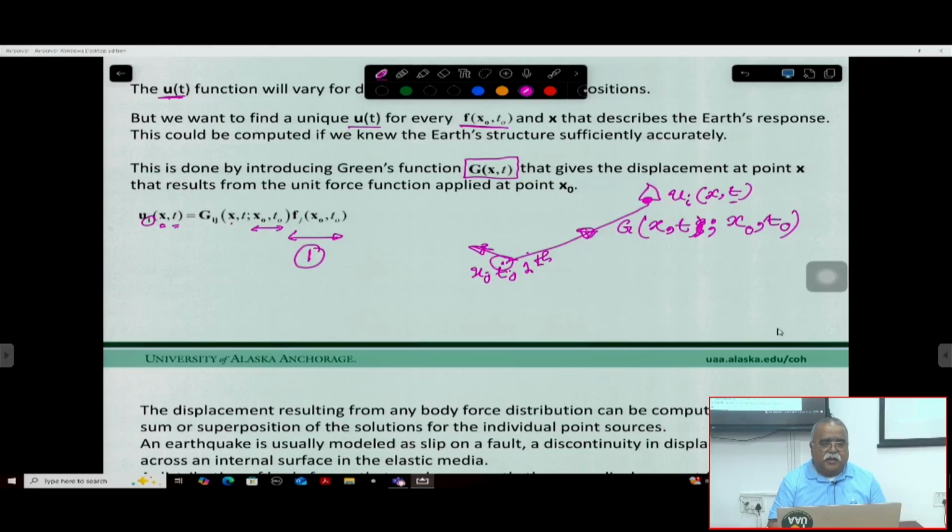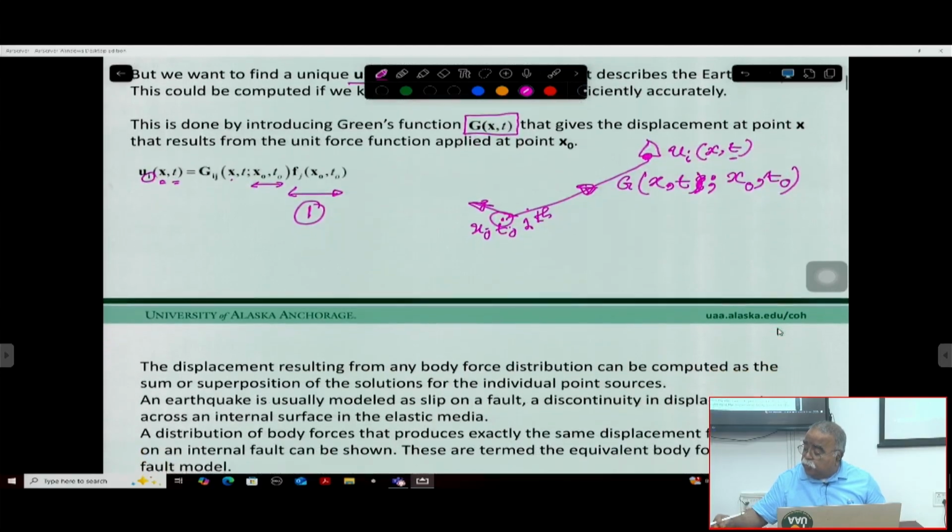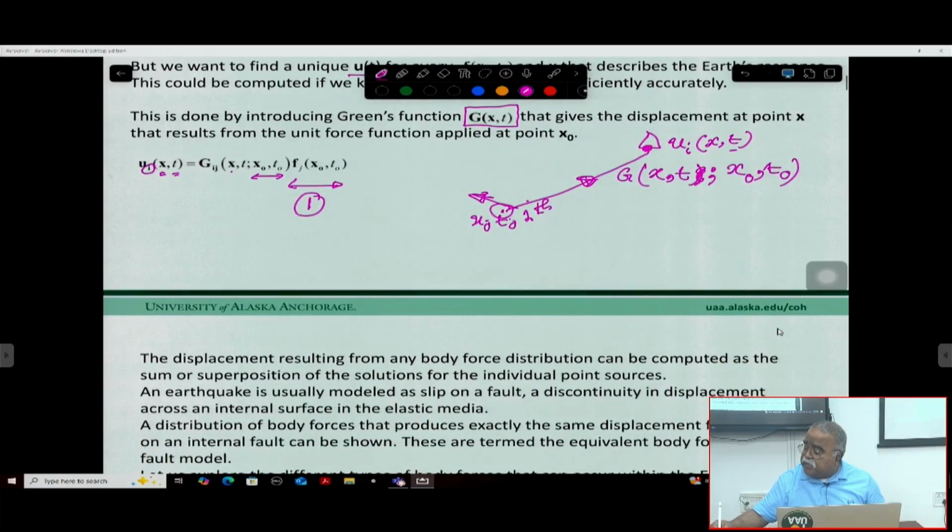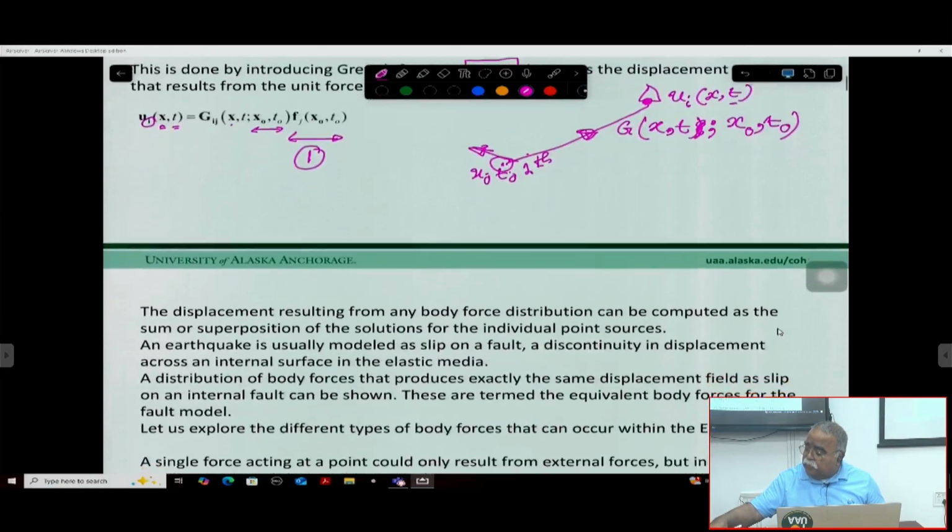So that's the Green function for a unit force acted at that point. So displacement resulting from any body force distribution, compute the sum of this one. So then that will be the thing.